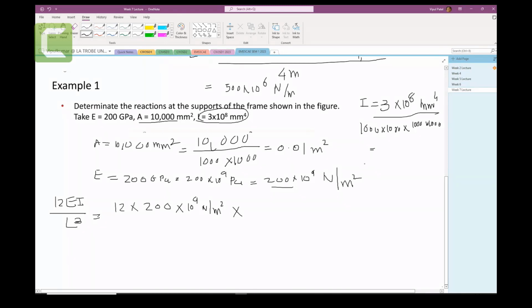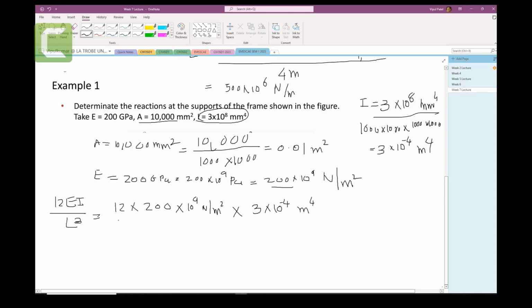Let me use my calculator: 3 times 10 to the power 8 divided by that, and you get 3 times 10 raised to minus 4 meter to the power 4.